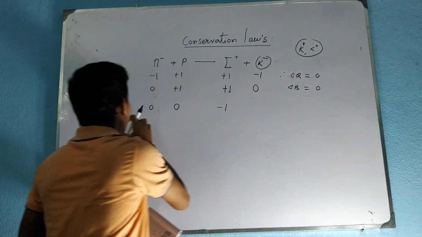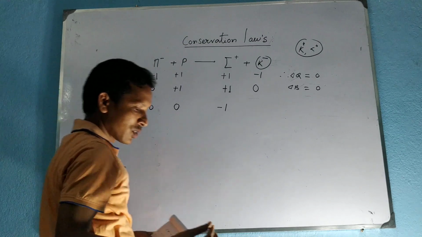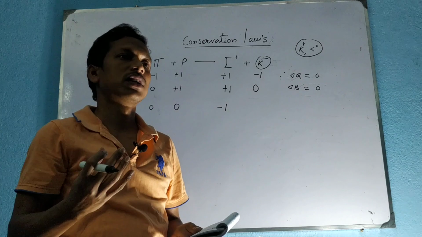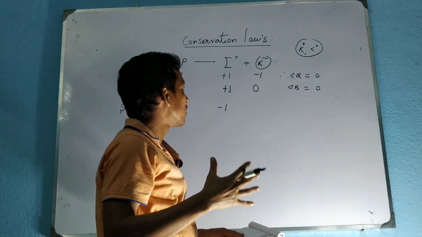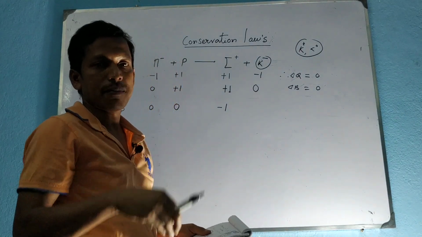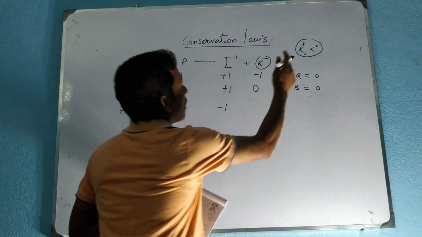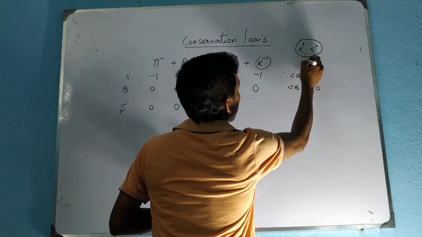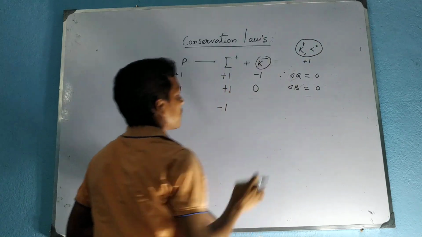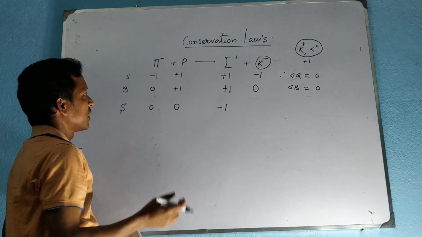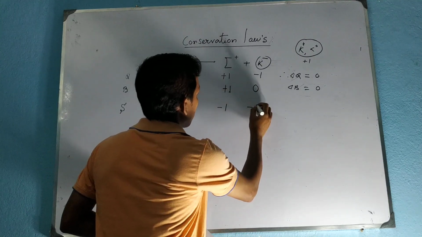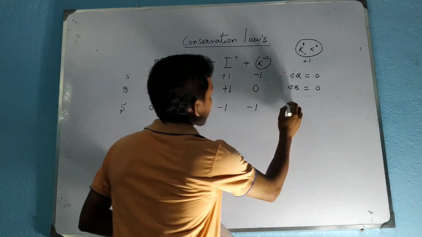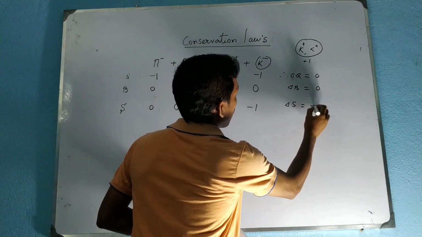Since the strangeness quantum number is charge dependent, it changes sign between particle and antiparticle. The strangeness quantum number for K meson is plus 1, but this is the antiparticle, so change the sign and the strangeness quantum number will be minus 1. So the change, delta S, is equal to minus 2.